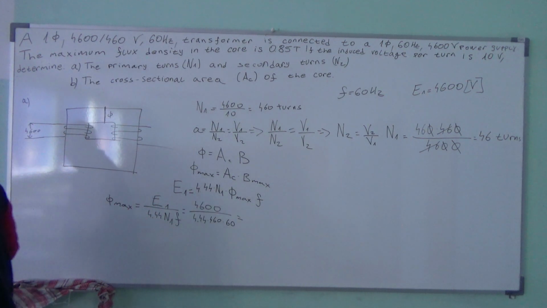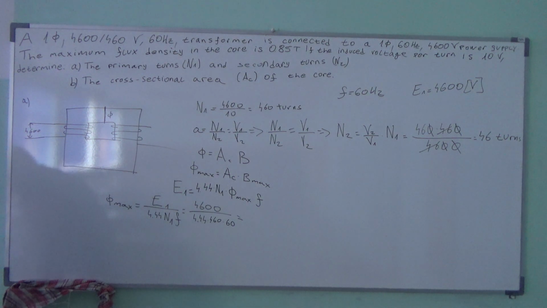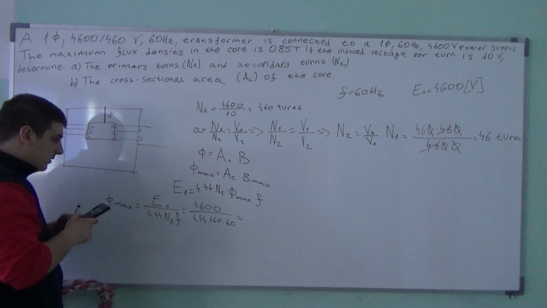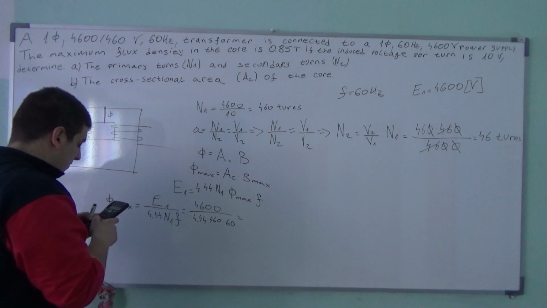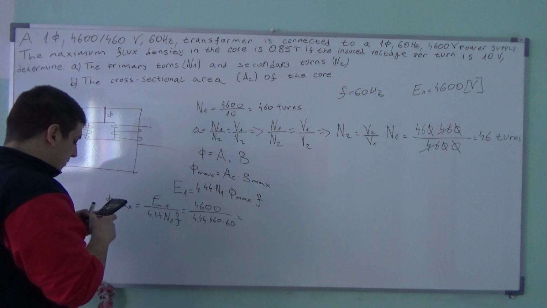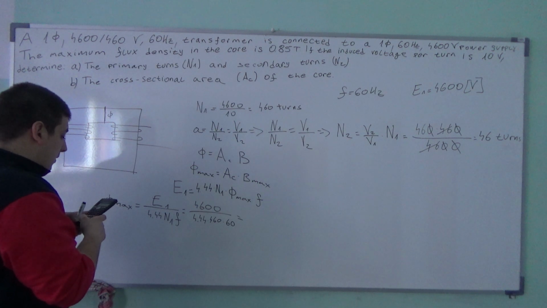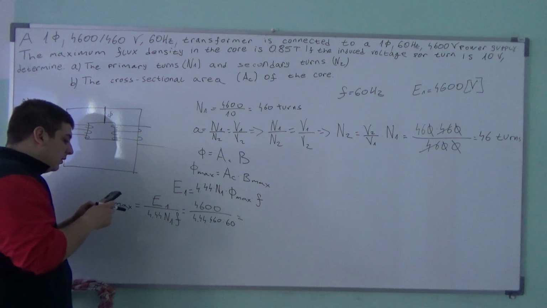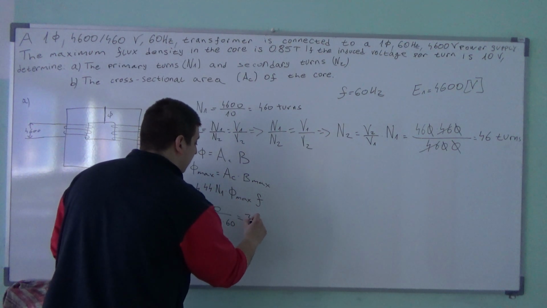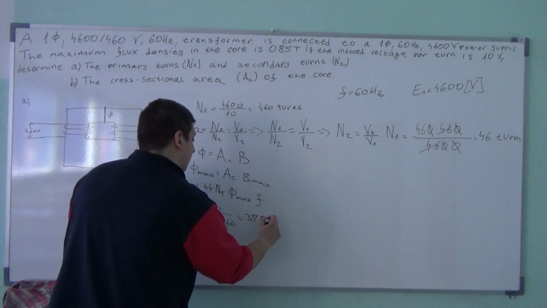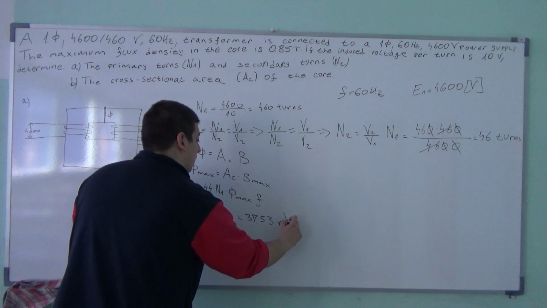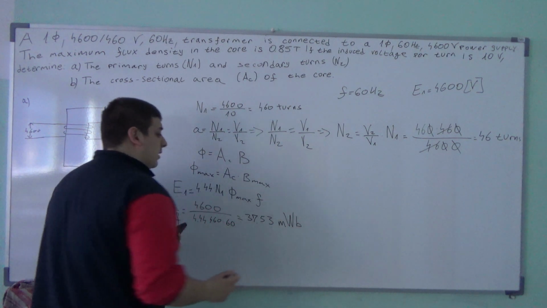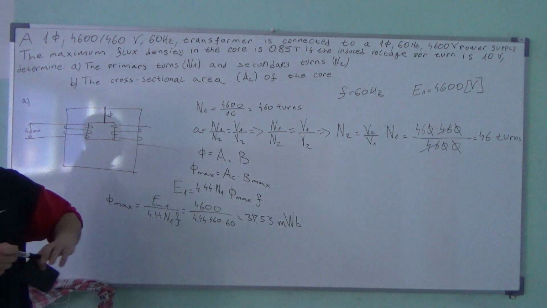I will calculate this with my calculator. And I get 37.53 times 10 to the minus 3 Webers.